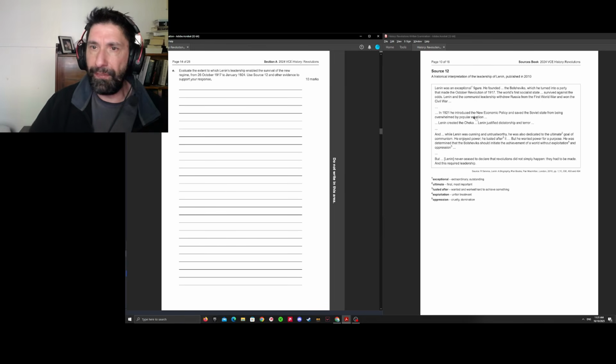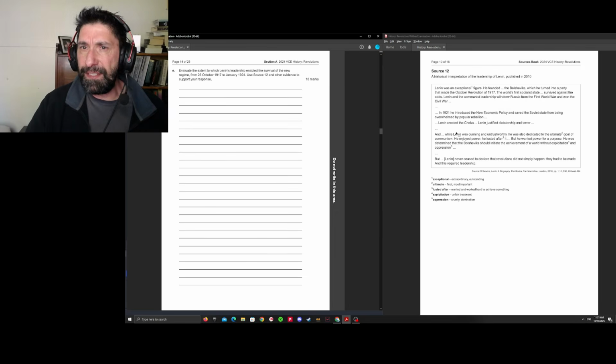All these things you can refer to. Lots of different stuff. The source keeps going on: Lenin created the Cheka, Lenin justified dictatorship and terror. So once again, lots of different things here.